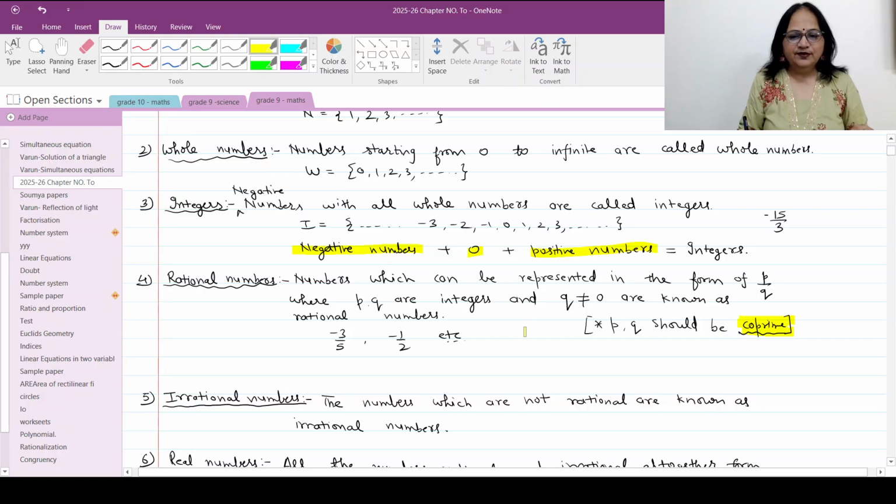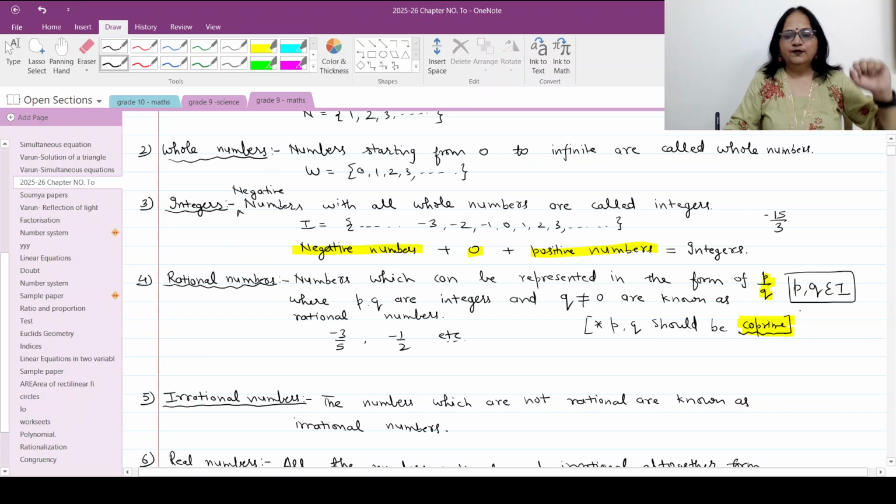Numbers which can be represented in the form of p upon q, means fraction p upon q, where p and q are integers, means p and q belong to I, they are from the set of integers. And q should not be equal to 0.